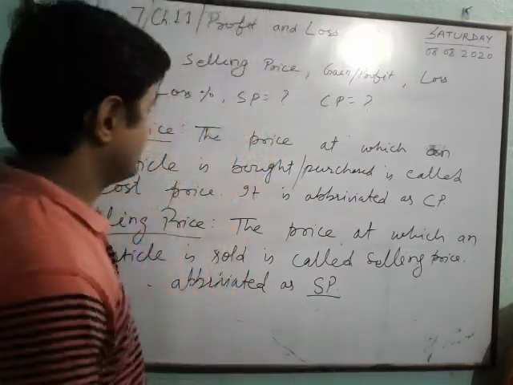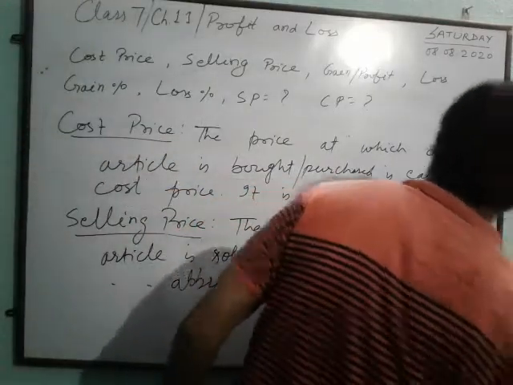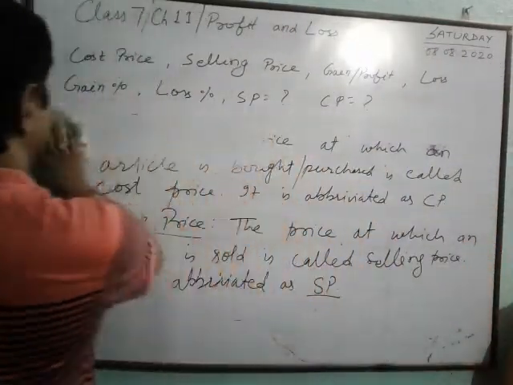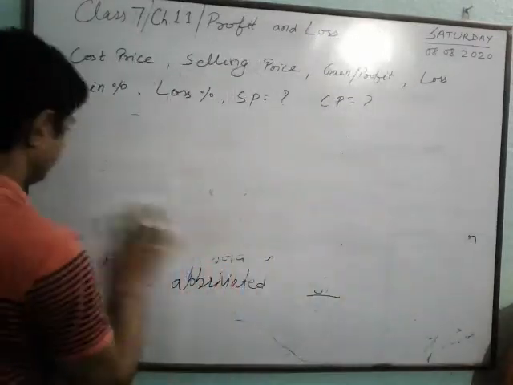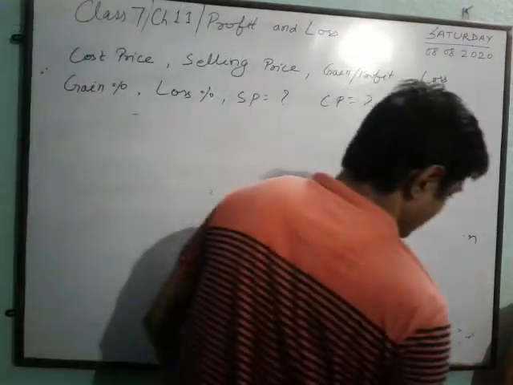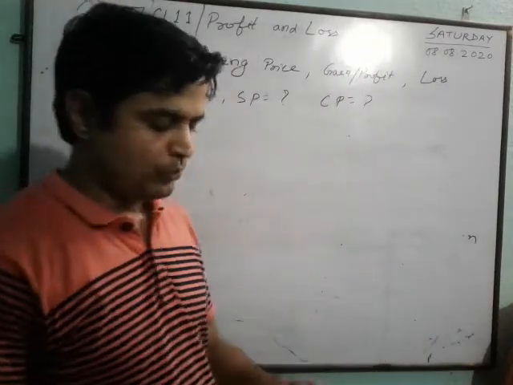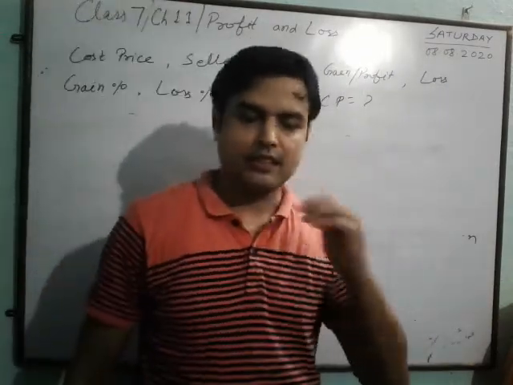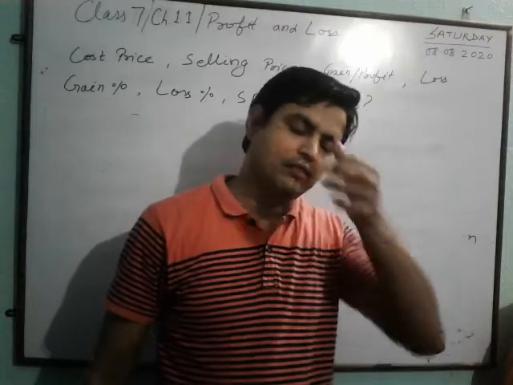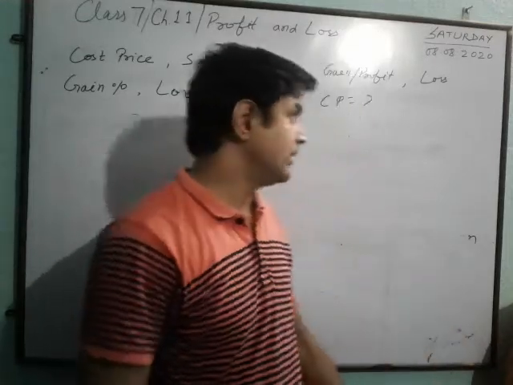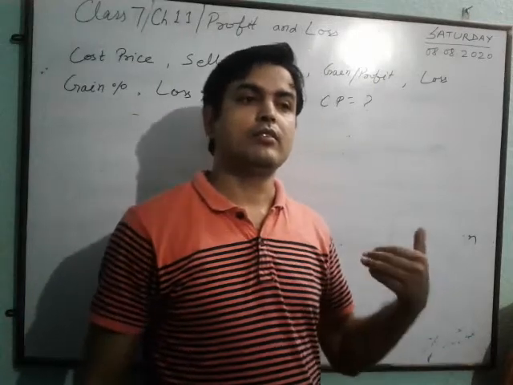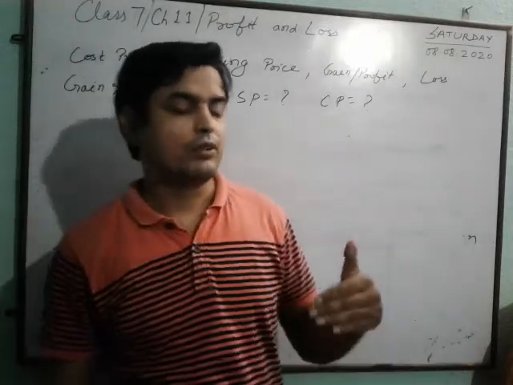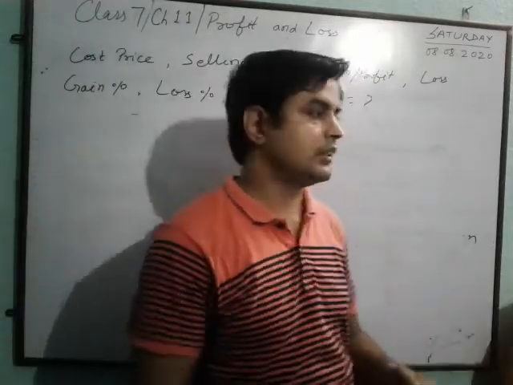And the next is profit or gain. When we purchase and sell things, then we may have gain or loss. So when we have loss and when we have gain, let us discuss.